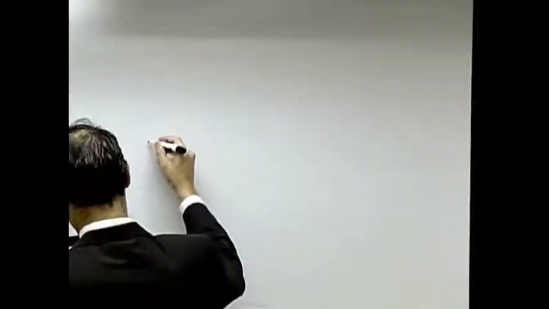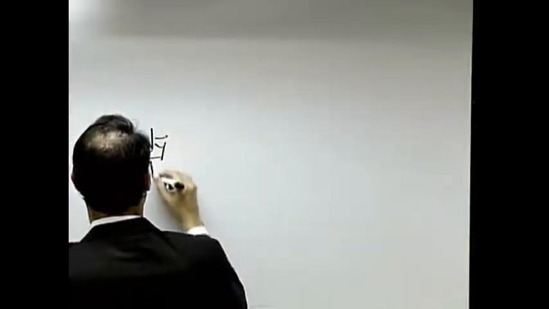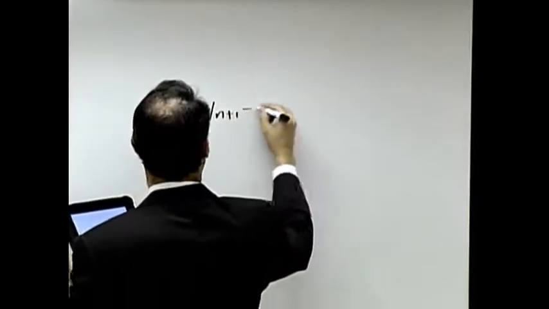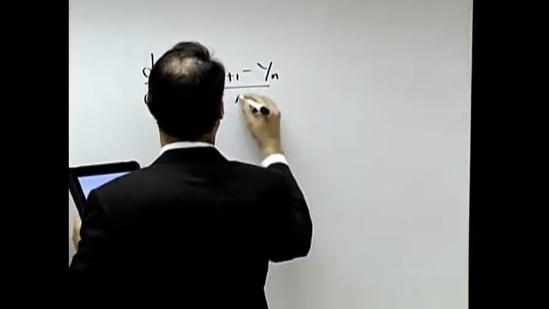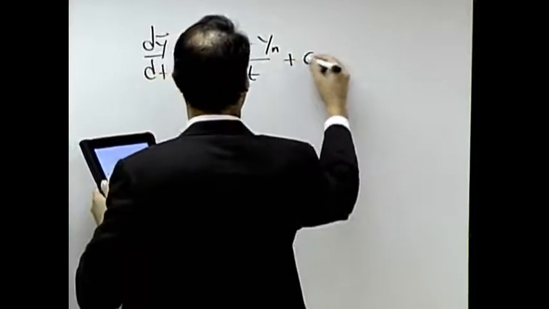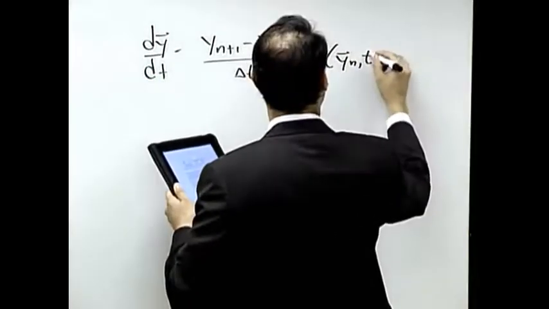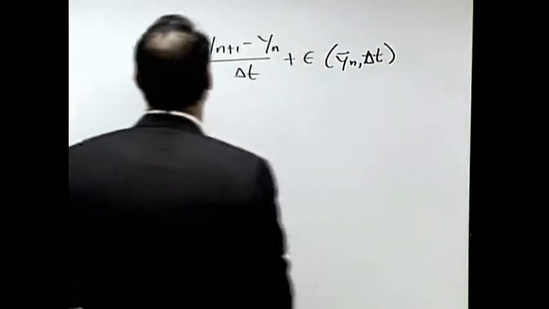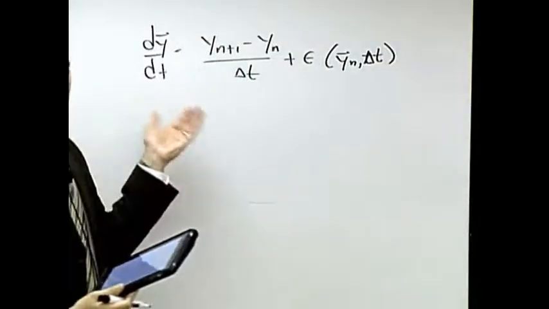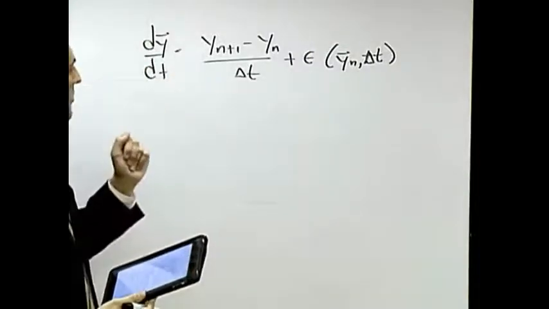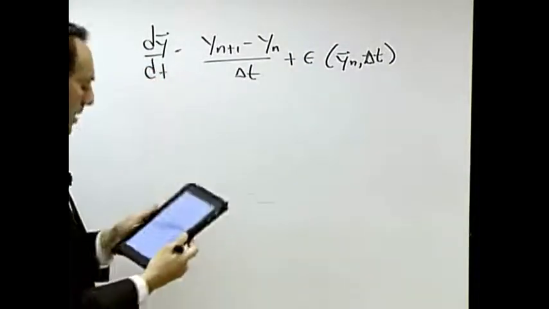So let's go back to this idea here. dy dt equals... if I were to approximate this differential equation, you know, I would normally say, this is what we started off with yesterday, which is what I'm really doing here.